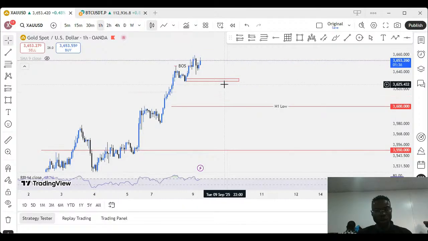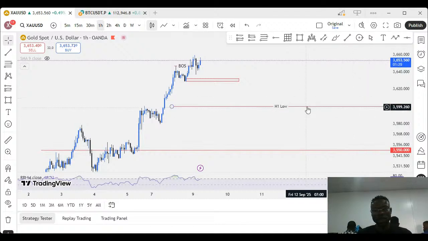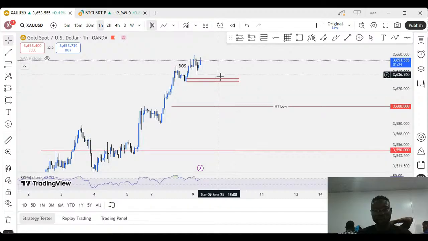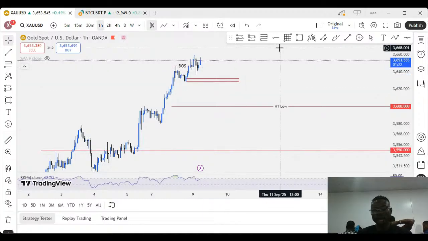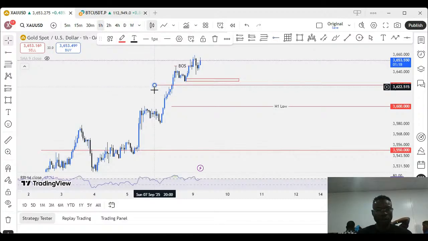So we have something we call a psychology level, like I said. I'll be expecting the market to come and retest this level of 3,006. But before we get to 3,006, we have 3,650, where the market is currently trending. Let me mark it. 3,650.